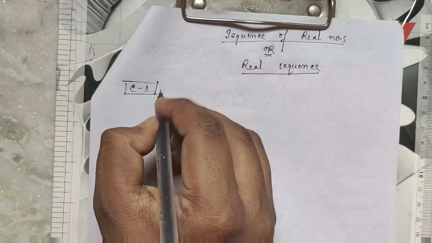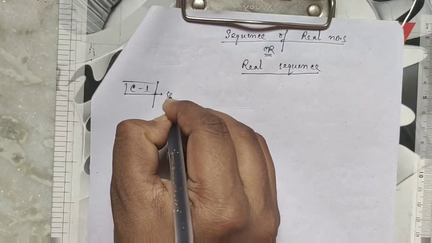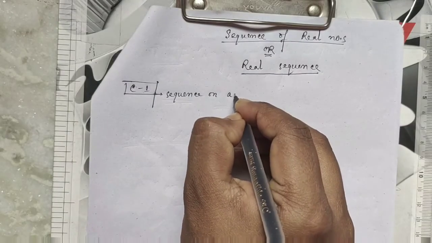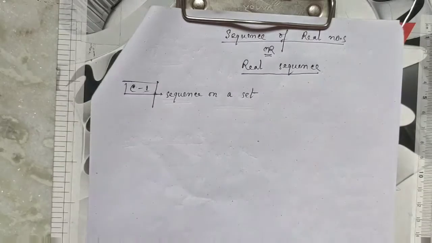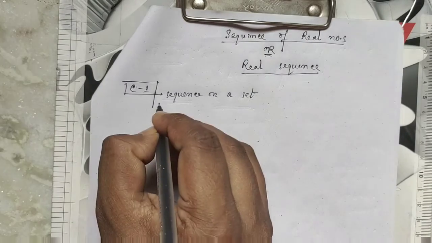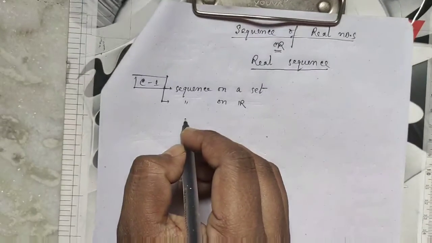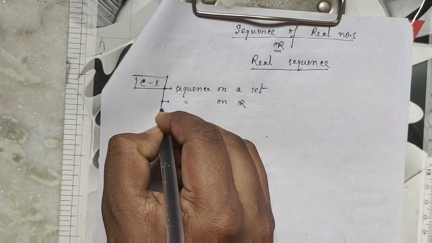First, we discuss sequence on a set, sequence on any set. Then we discuss sequence on R, it is sequence of real numbers.